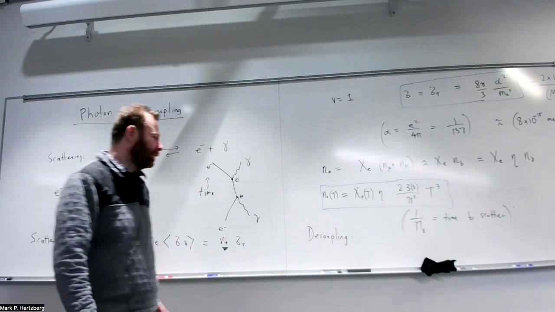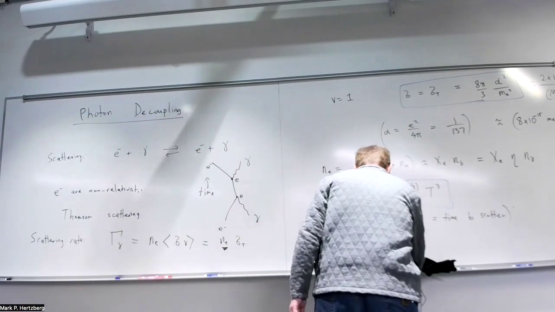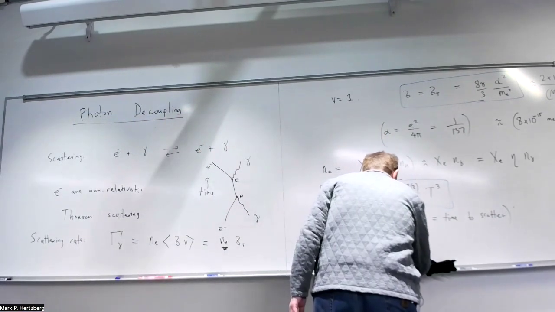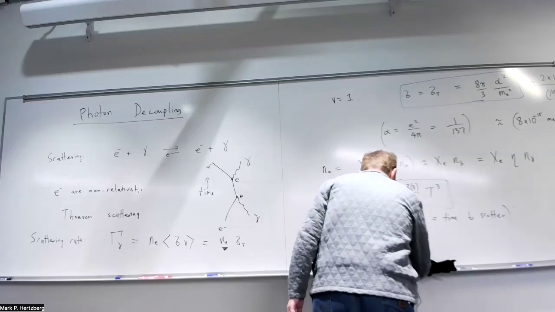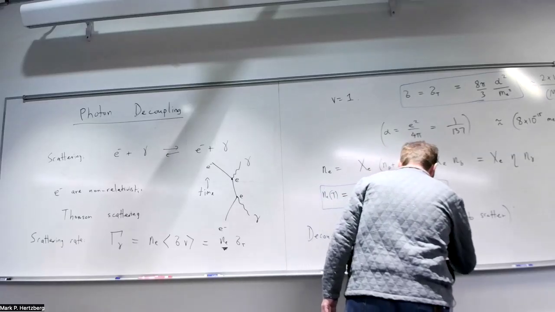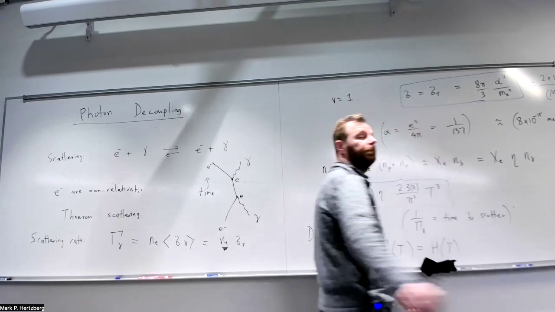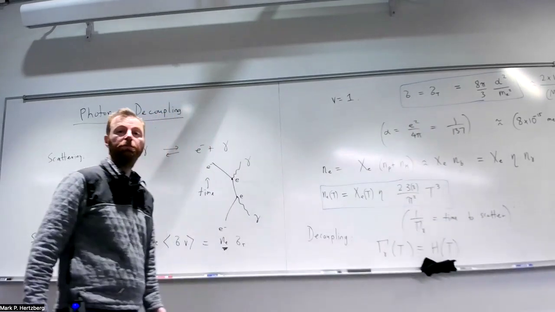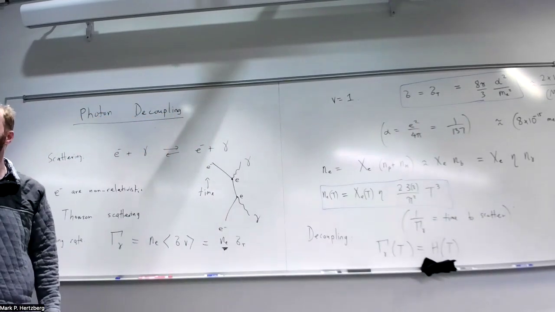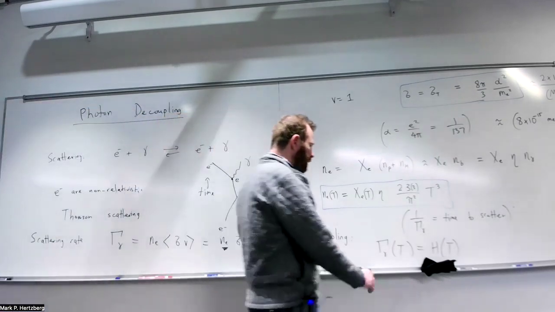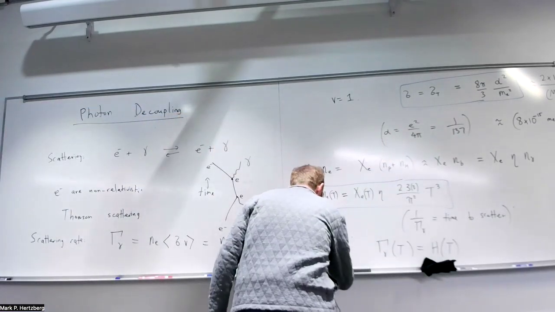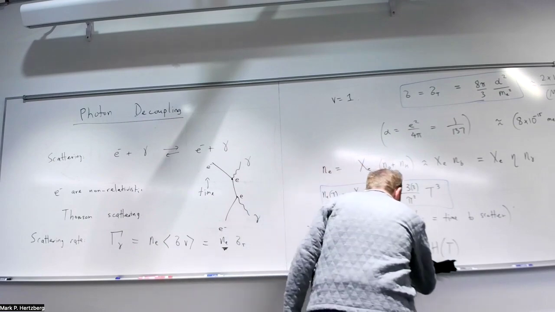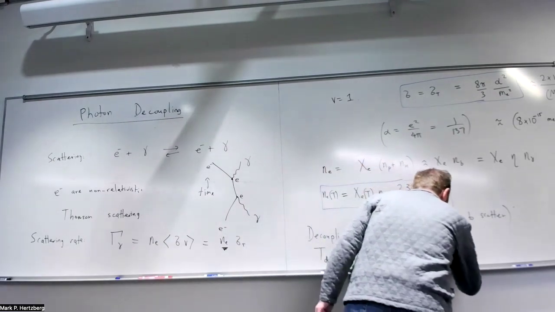So the criteria for decoupling that we've discussed has been that you set gamma, a function of temperature, equal to Hubble, like the figure of merit. Does that make sense? We did this criteria a couple of times already in the course. So we'll call this the temperature of decoupling, T decouple. Right?